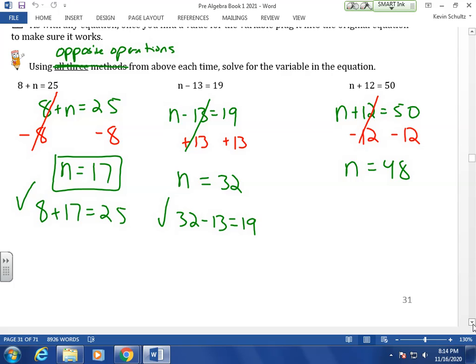I'm n by itself. 50 minus 12 is, oh, 50 minus 12 is 38. So 38 plus 12, that equals 50. Now we're good. Check, check, check.